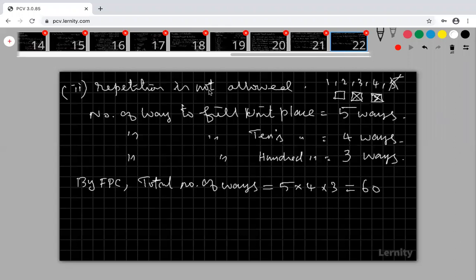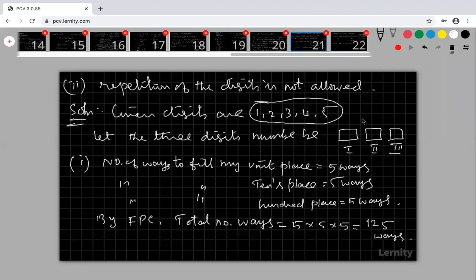Repetition is not allowed. So if 5 is coming here, I cannot write 5 here, I cannot write 5 here. One number appears only once. Okay, here I can fill 5 here, 5 here, 5 here. 555 is allowed in my 3-digit number because repetition is allowed.